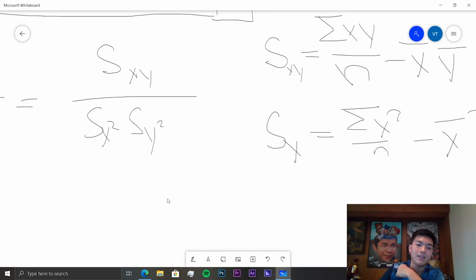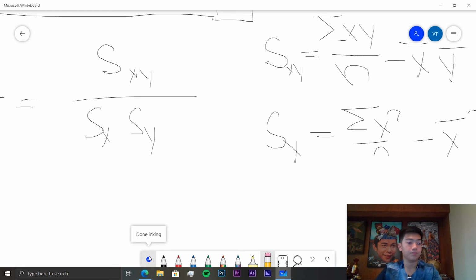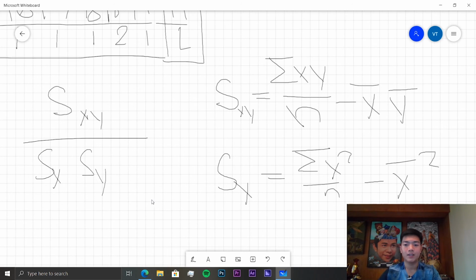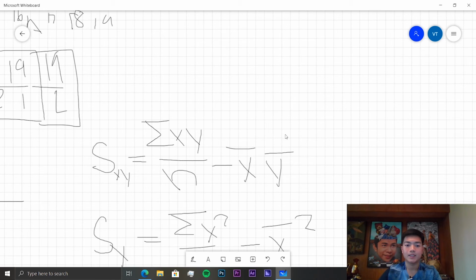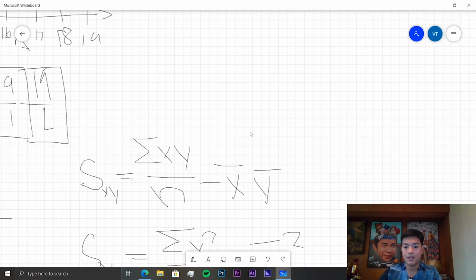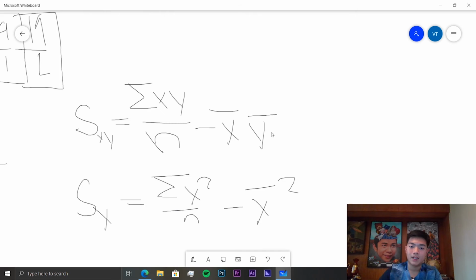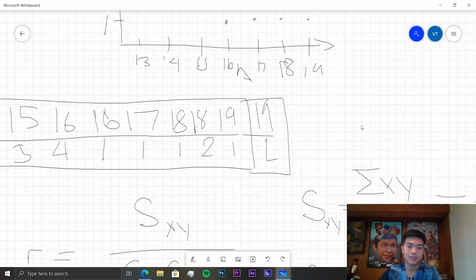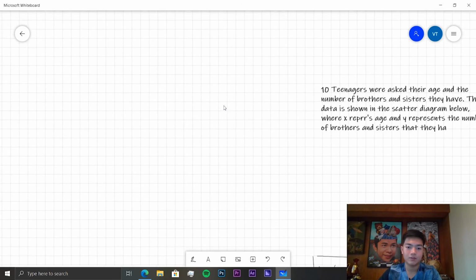So it's the standard deviation of the product over the standard deviations of the individual ones, effectively. So if we want to do this for all the values, we need to get the sum of the products and then divide. So actually, let's split this up. Let's get the individual standard deviations first.